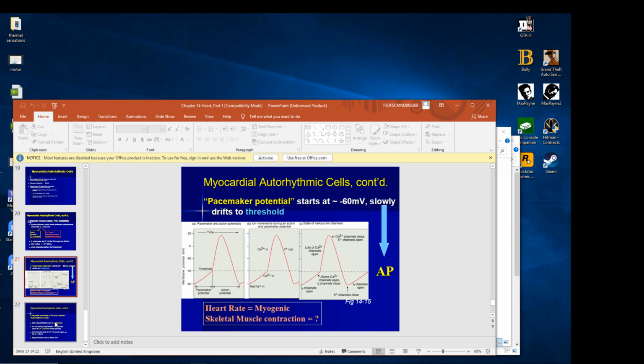This is the type of potential seen in the pacemaker cells. And what are they? They are like the SA node, the sinoatrial node, where the pacemaker potential is going to start.